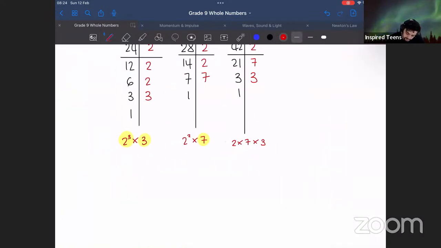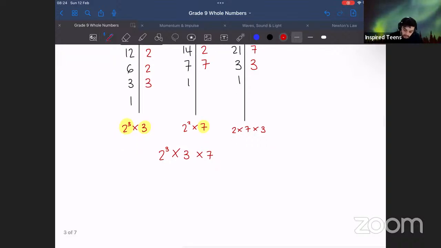So in order to get our LCM, we would say 2 to the power of 3 times 3 times 7. When I do the calculation, I should get 168.